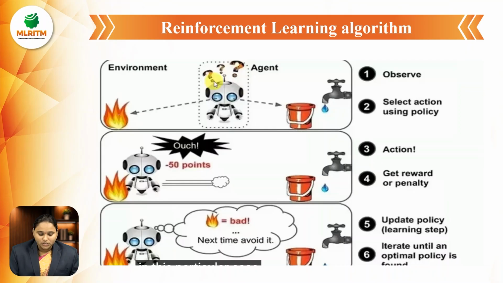If it pours some water, it stops the fire. First it observes. Next, selection of an action policy. Next, it takes the action and gets a reward or penalty. If it is bad, it updates the policies, which is the learning step, until an optimal policy is found and we get the output.